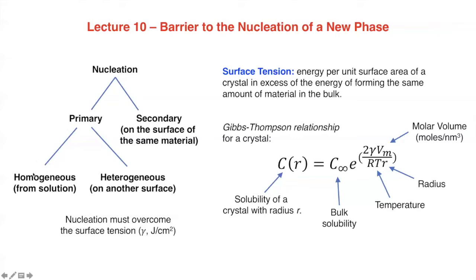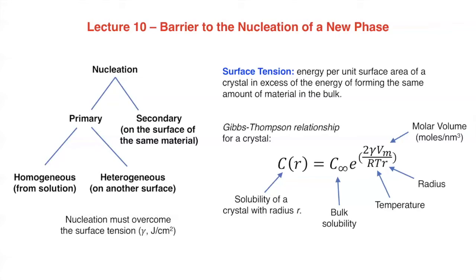And there's nucleation from homogeneous solution, and then sometimes there's nucleation on another surface. And nucleation on another surface tends to be a lower energy process because that other surface will stabilize the surface of the new phase that you want to form and reduce the surface tension.